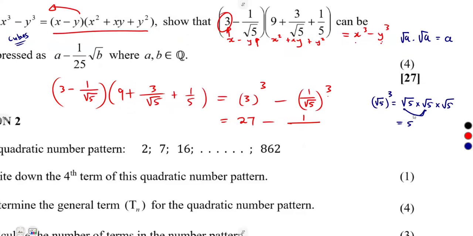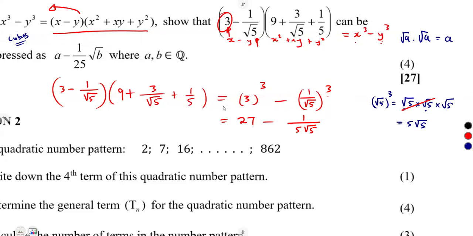So if these two are the same, you obtain that number. And out of the square root, this here is 5 times the square root of 5, which is remaining. So that's 5 square root of 5. This is what you're going to have from the simplification of the square root of 5 to the exponent of 3.